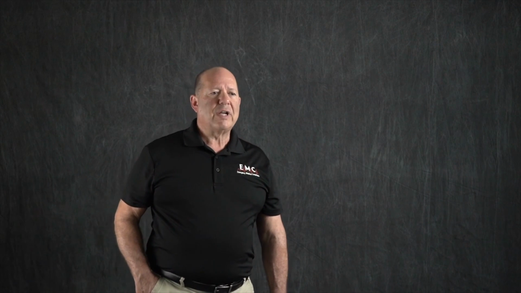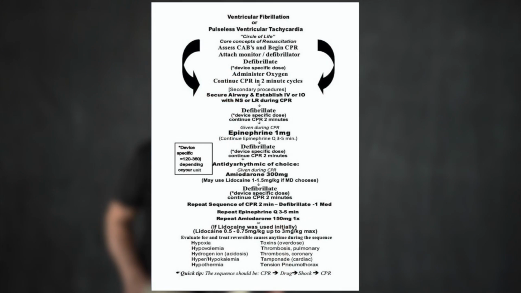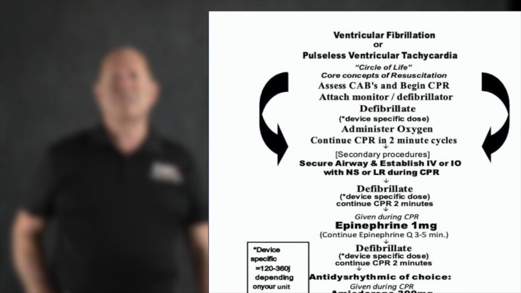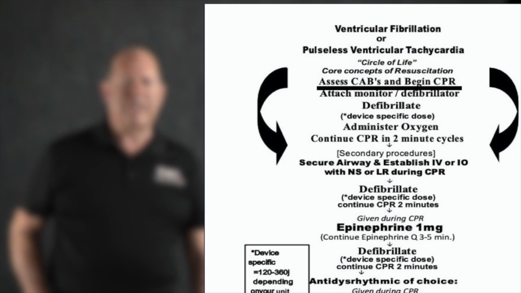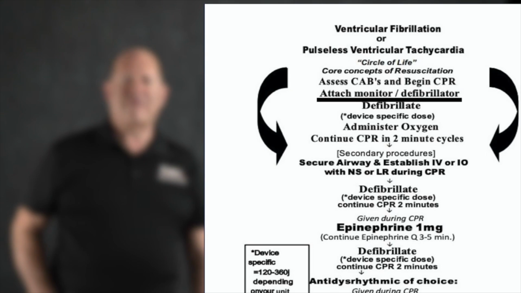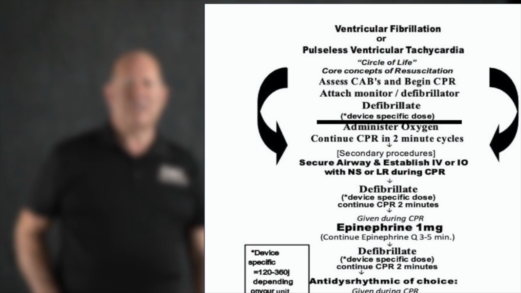So for ventricular fibrillation, which is going to be the same as pulseless ventricular tachycardia, the initial sequence is begin CPR. Begin CPR, as you can see, and then get a defibrillator in the room. As soon as available, defibrillate the patient at the appropriate energy for the device that you happen to be using.